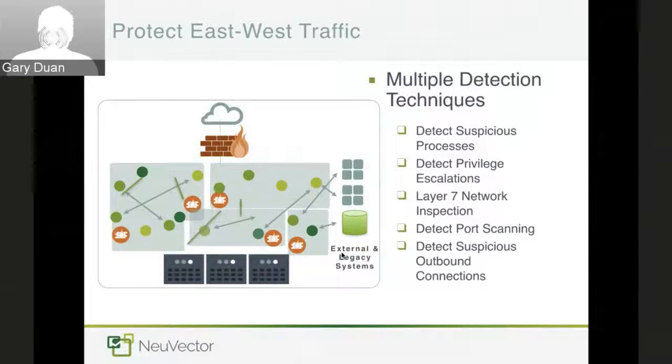So we talked about inbound and outbound connections, but what is more interesting is what happens inside the data center. We all know that no matter how many security measures you put at the edge, eventually the attacker will find a way to get in. Once they get in, what do they do? Typically they do a couple of things.